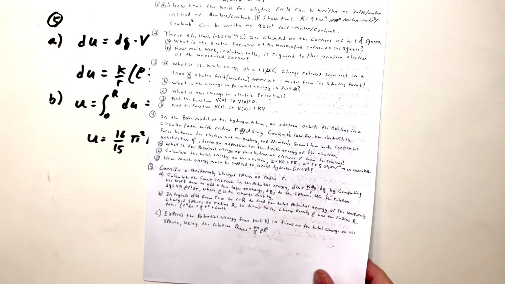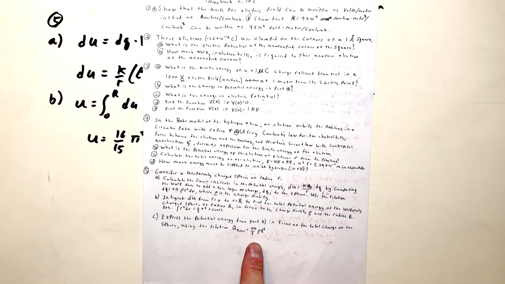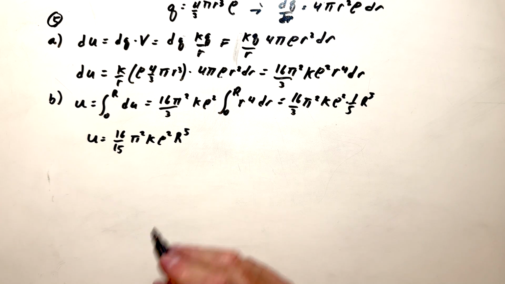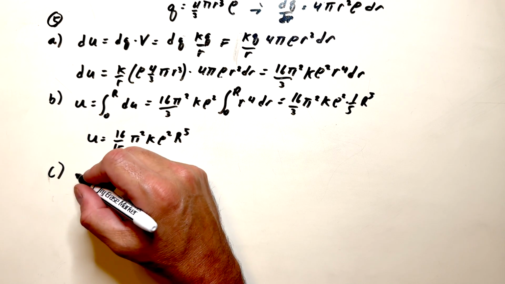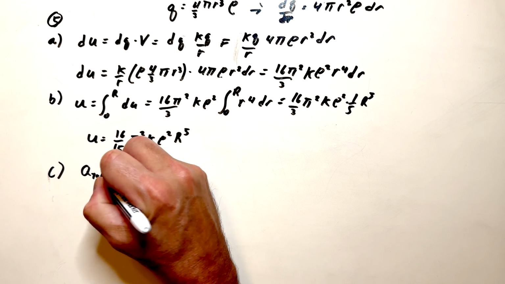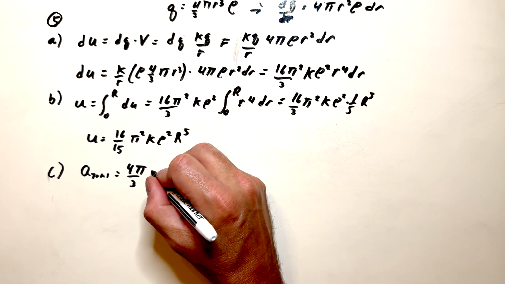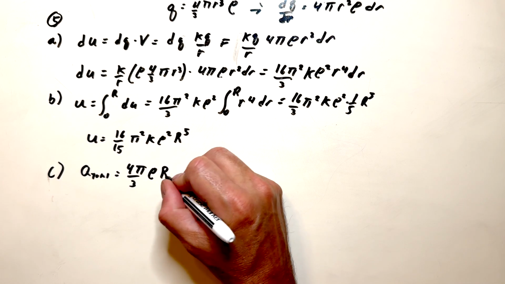Okay, and then the last part. Express the potential energy from part B in terms of the total charge of the sphere using the relation Q total equals 4/3 pi rho R cubed. All right, so part C, we're going to use that relationship, Q total equals 4 pi over 3 rho R cubed.